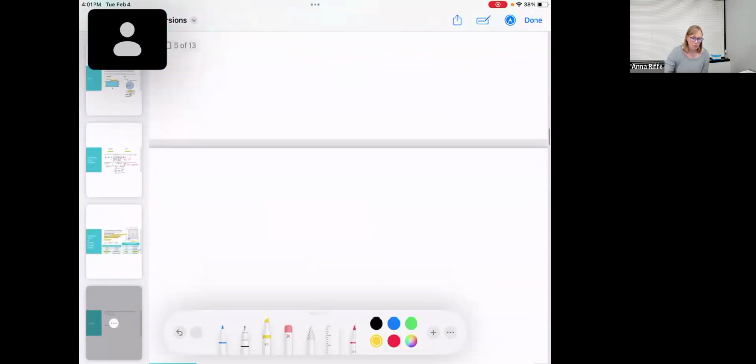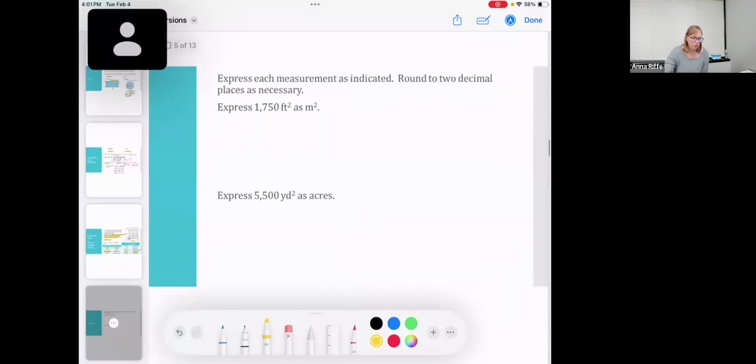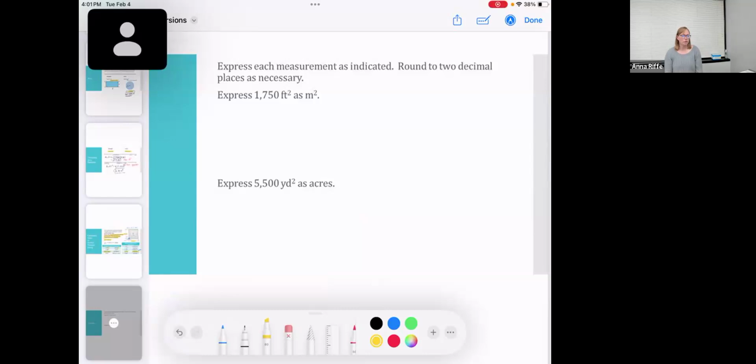Okay, let's see how we can set up these conversions. Like I said, unity fractions are what we are going to use. So we can do basically the same process as we did in the last class, just refer to different boxes on the conversion chart.